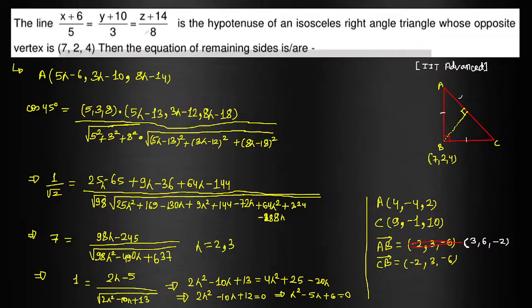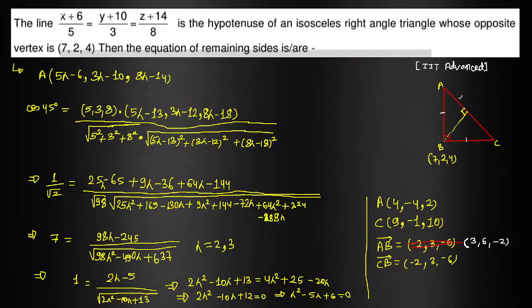So 5 3 8 are the slope for AC. Okay, so we have a slope, and the line vector is 5 3 8, and we have a point 5 lambda minus 6, 3 lambda minus 10.